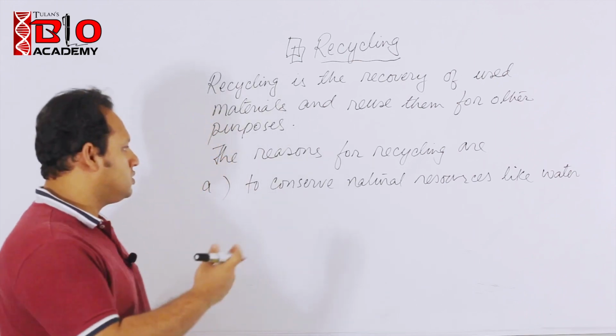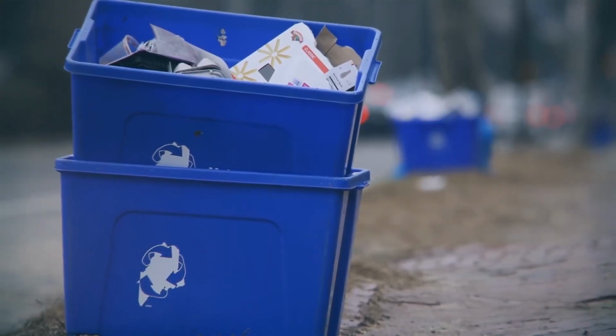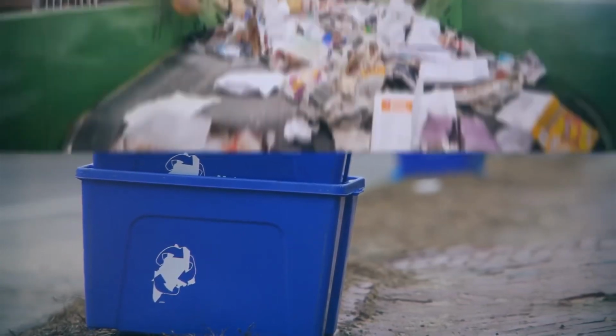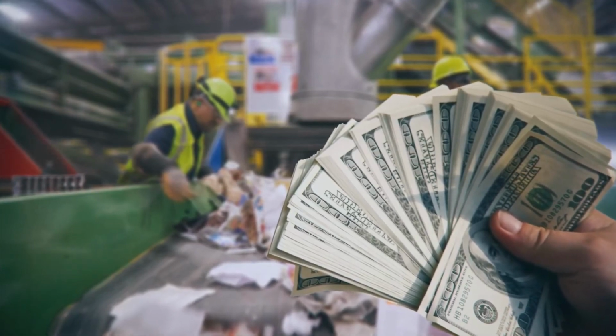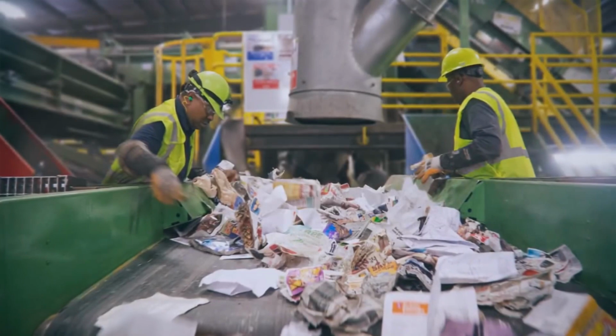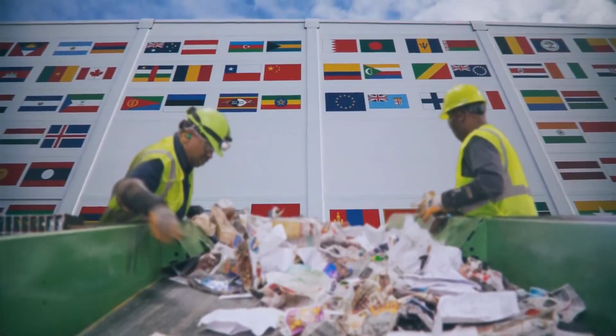So we need to conserve natural resources like water, forests and metals. So we cannot cause deforestation due to production of paper, and then that paper is used for newspaper printing for our daily lives.